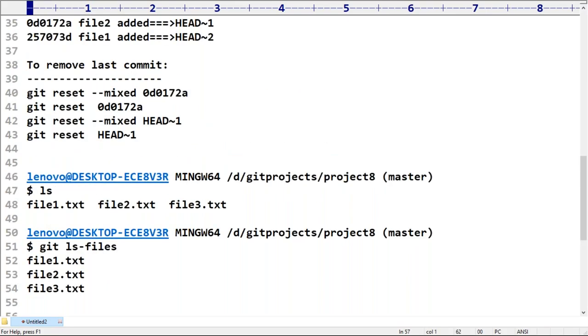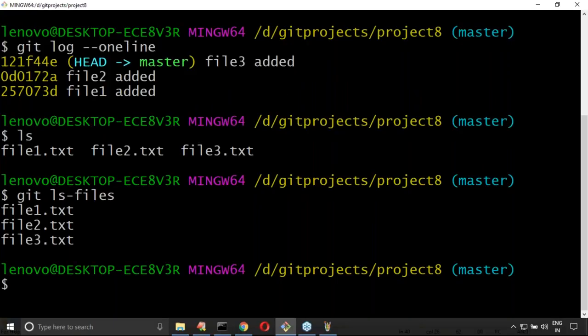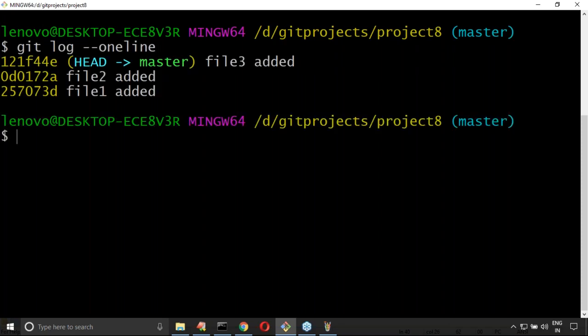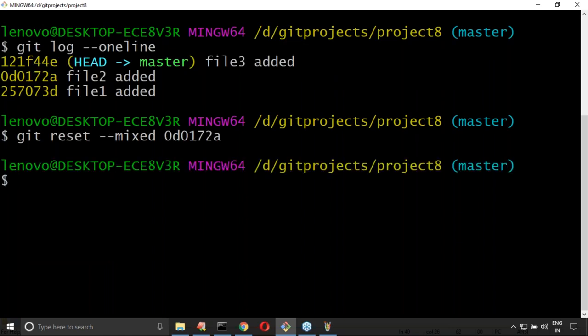Now let me use one of these commands. Observe carefully. Here I'm taking git log --oneline, and then git reset --mixed. Now can anyone guess, if I use git log --oneline, how many commits will be there?